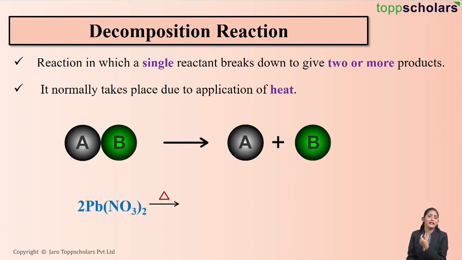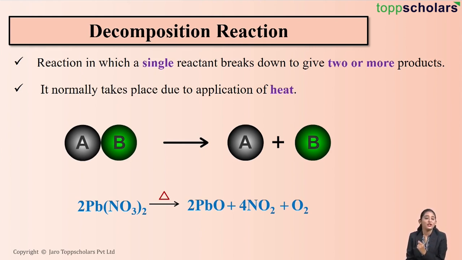If I heat lead nitrate, it breaks down to give me lead oxide, along with that nitrogen dioxide and oxygen gas are liberated. So friends, lead nitrate, which is a single reactant, breaks down on heating, resulting in the formation of lead oxide, nitrogen dioxide and oxygen gas.